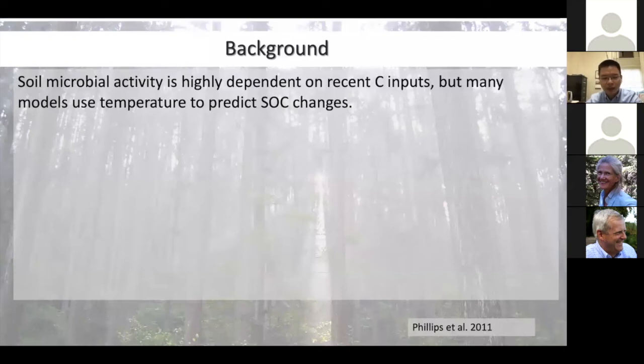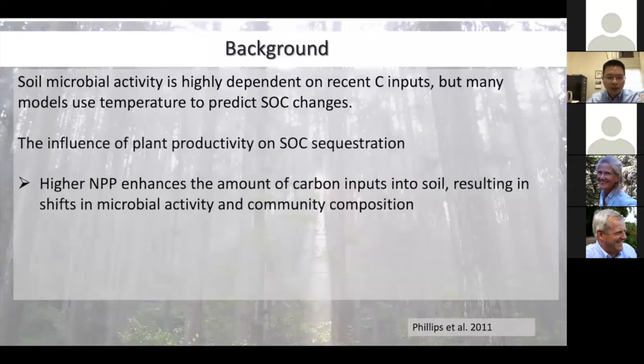And some studies have found that SOC sequestration is also influenced by plant productivity. Like the results found that high NPP will enhance the amount of carbon inputs into the soil.